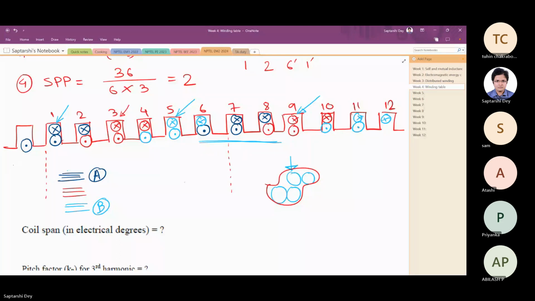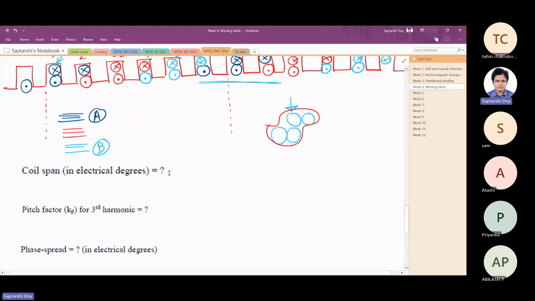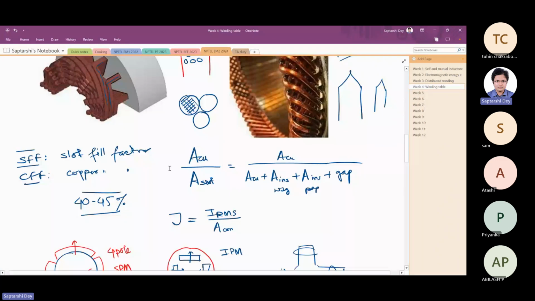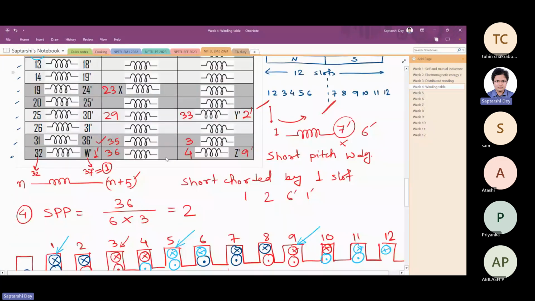Okay. So is the winding understood? Whenever you are solving problems on winding, instead of directly jumping to all these things, try to extract as much information as you can from it.